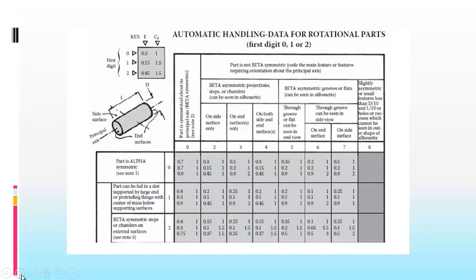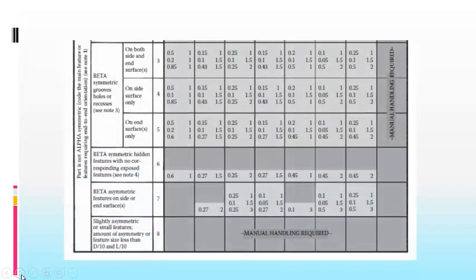At the end of the table you find blocks which are empty, where you can't handle the part automatically. Let us look at the rest of the table: all the blocks which are empty are for manual handling. As I said, it's difficult to understand the table unless you take your time studying it in detail.